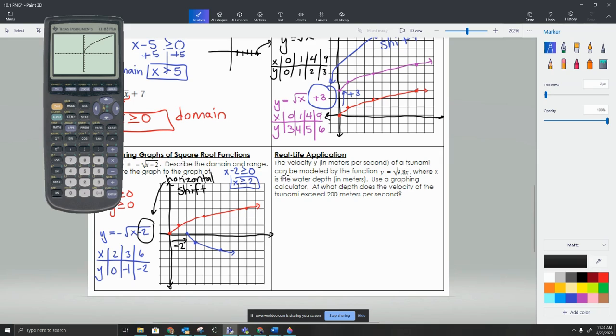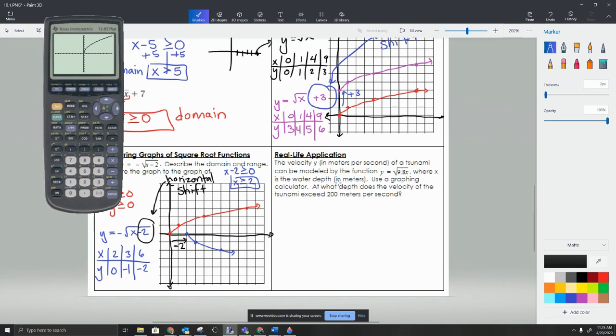So they ask me, at what depth does the velocity exceed 200 meters per second? Well, y is velocity, okay? And so they're asking me, at what depth does the velocity exceed 200?